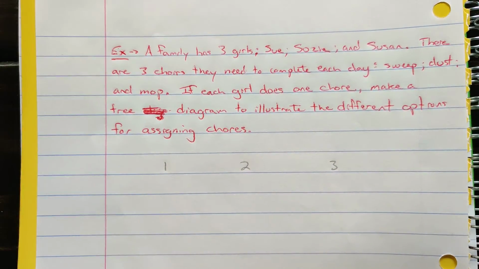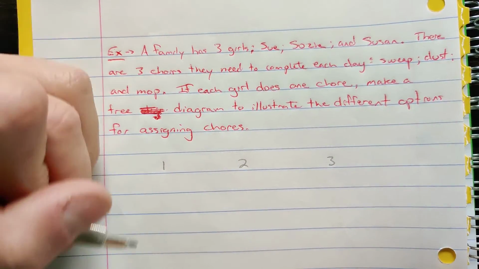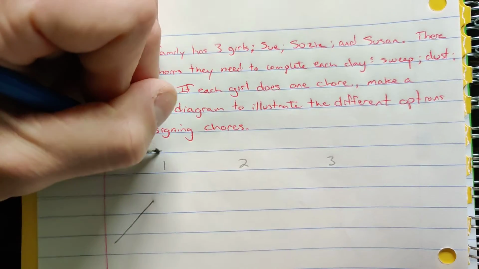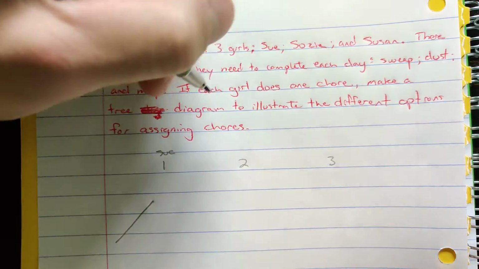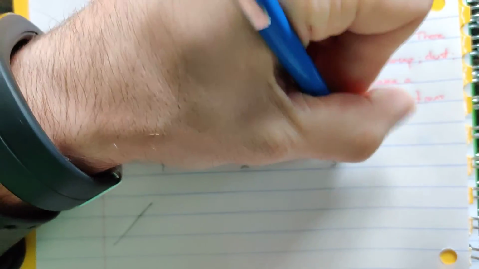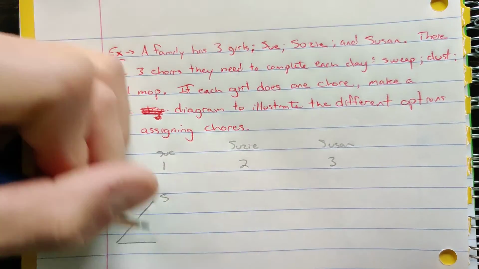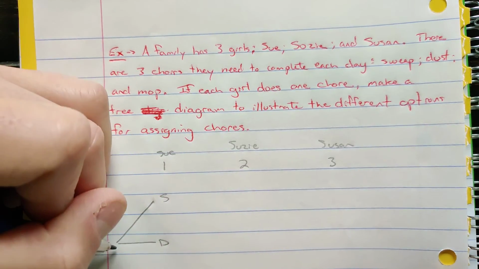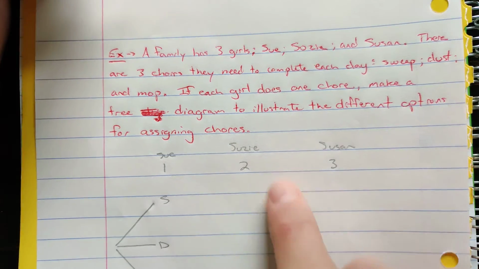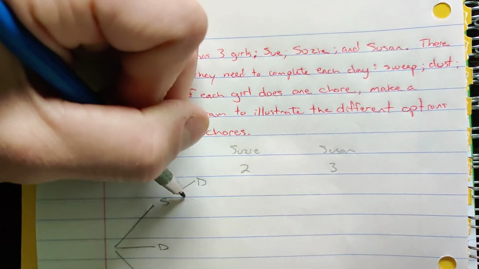So the first girl has 3 options. So the first person to choose would have 1 of 3 options. So that could be Sue. If Sue's first, then we'll do Sue, then Susie, and then Susan. So Sue could sweep, she could dust, or she could mop. And then when we go to Susie, who would be level 2, if Sue chose sweep, then Susie would have dust or mop.